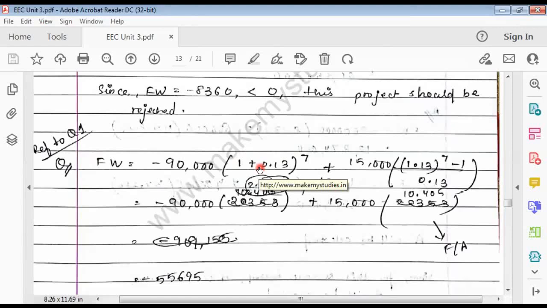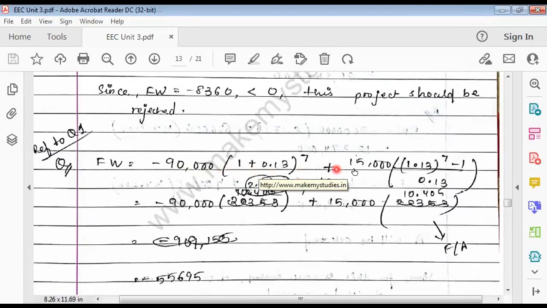Because this is a single amount, 90,000, and you are required to find its future worth. Since it is a single amount, the normal compound interest formula should be used: 1 plus 13% whole to the power 7.